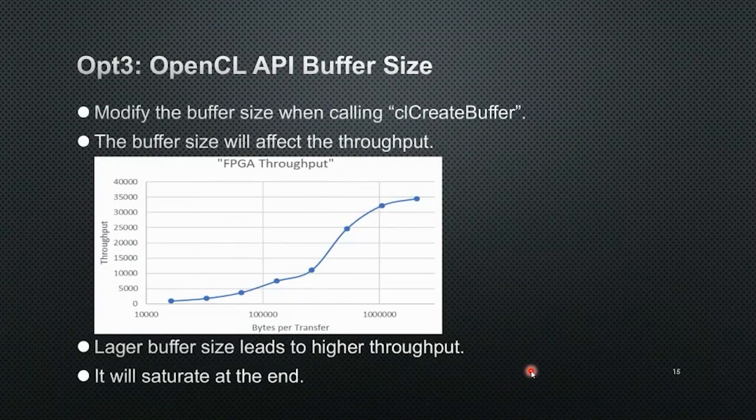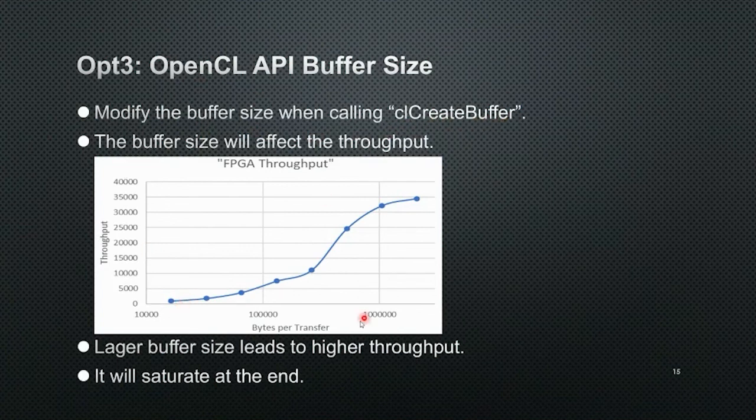And this is the third optimization, which is OpenCL API buffer size. So basically, this is done by modifying the buffer size. It is an argument when calling CL create buffer.